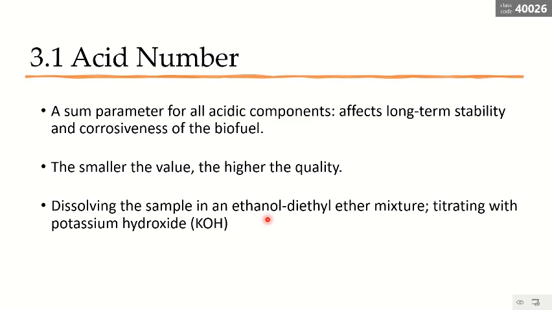The latter one will be more practical to use. So we are going to dissolve these fatty acid esters or the feedstocks or samples with cooking oils inside this solvent system, then later titrate it with this KOH, or potassium hydroxide.